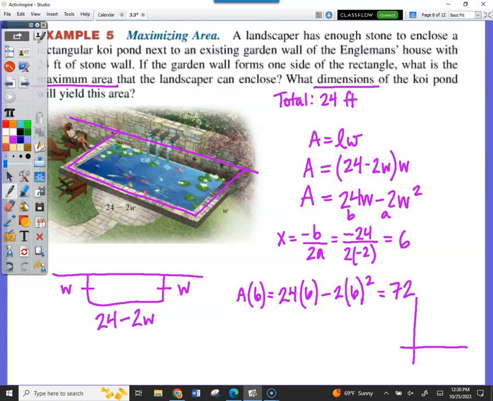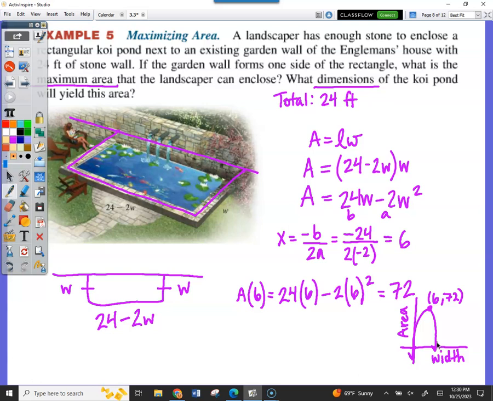So your input value was W. That determines your width, right? And your output value is A, which determines your area. So if I found the vertex to be (6, 72), I'm going to go right 6 and up 72.